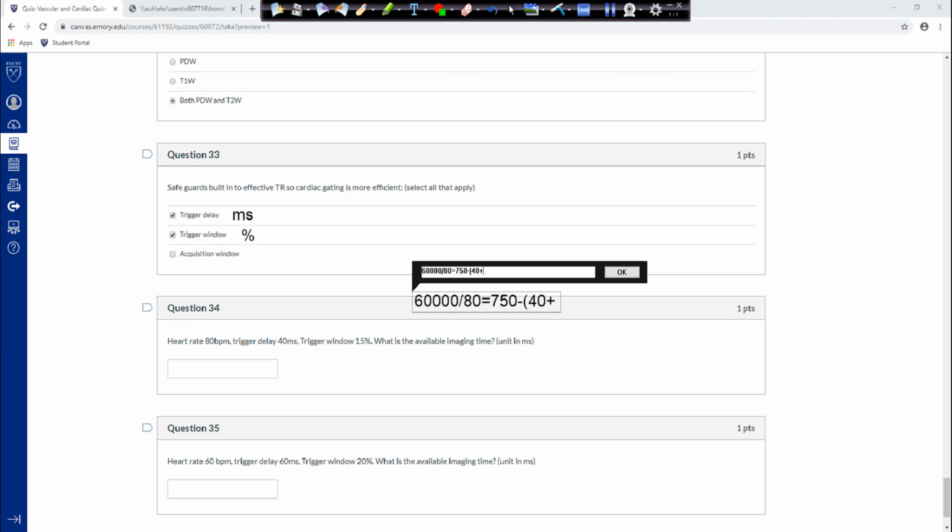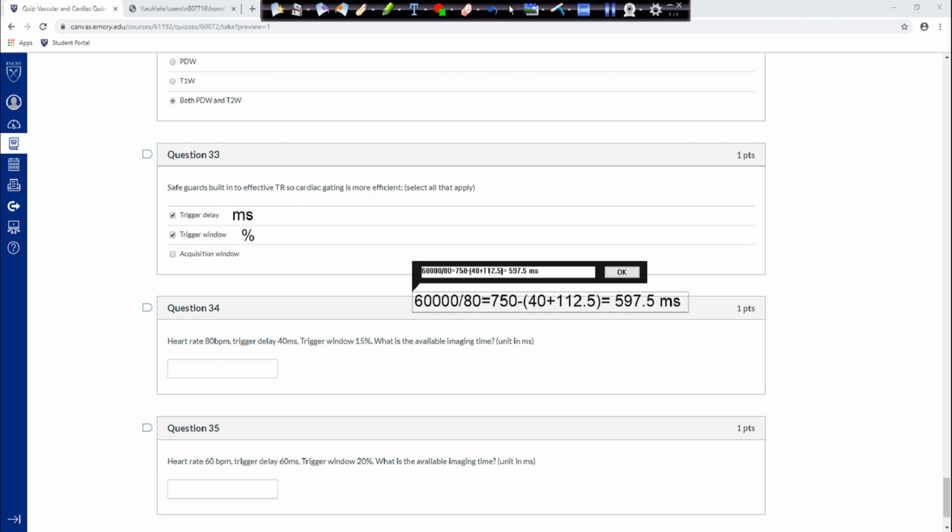Plus, what's 15% of 750? 112.5. So now add 40 to 112.5. Gives us 152.5. So 750 minus 152.5 equals what? 597.5. And it's in milliseconds.